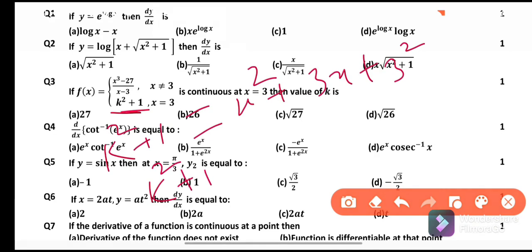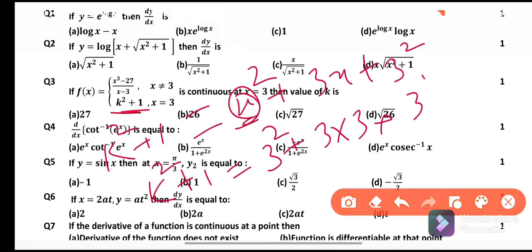Now after putting the limit x is equal to 3, 3 square plus 3 multiplied by 3 plus 3 square, 9 plus 9 plus 9, that is 27.